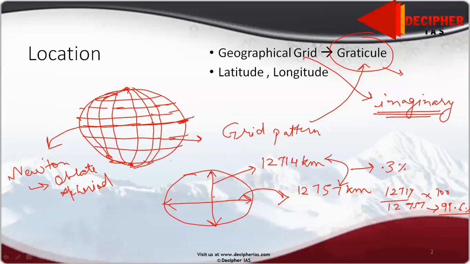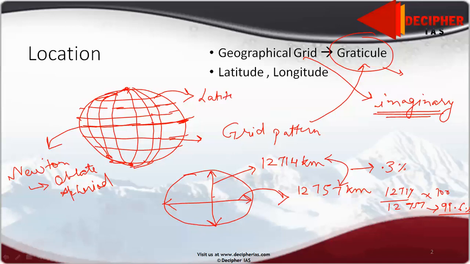Okay. So moving forward, these horizontal lines are called latitudes or parallels. I will just explain what is the difference between latitude and parallel, but they are one and the same thing.